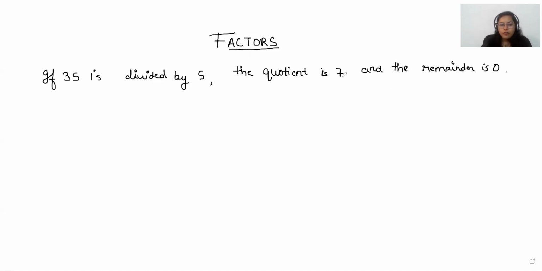That means if a number when divided by another number gives you a remainder 0, then that number is a factor of that number.